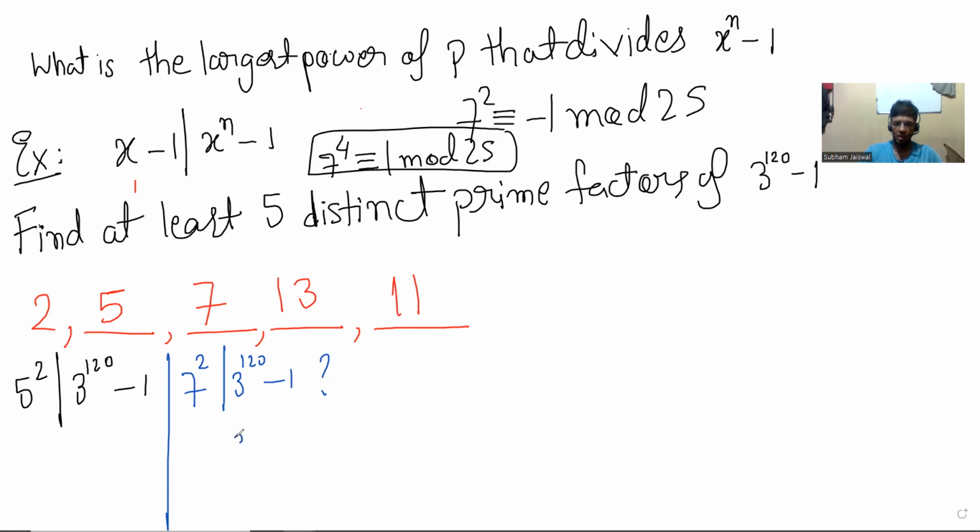So just to recall, what resembles this more directly is this. This is what we know.